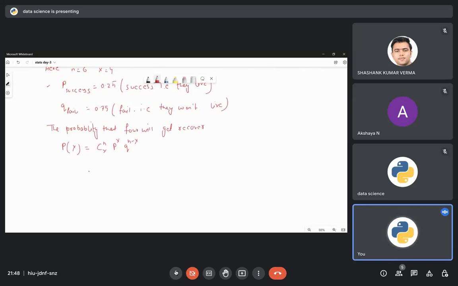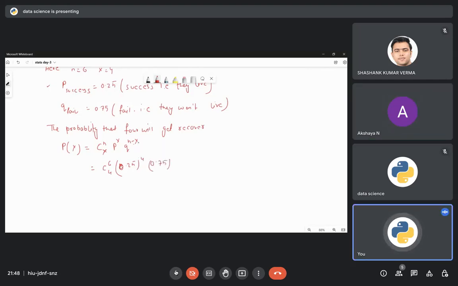Now, C is combination. C of 6, 4, P to the power x. P is what? 0.25. Yes, no. And x is what? 4. And Q is what? 0.75.